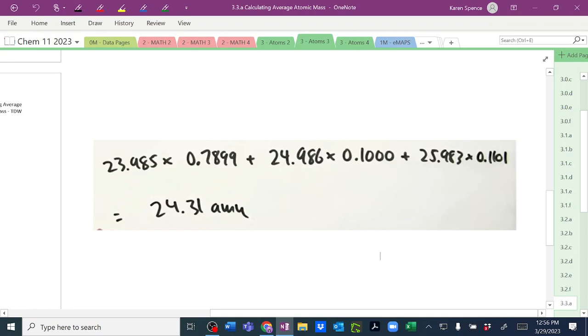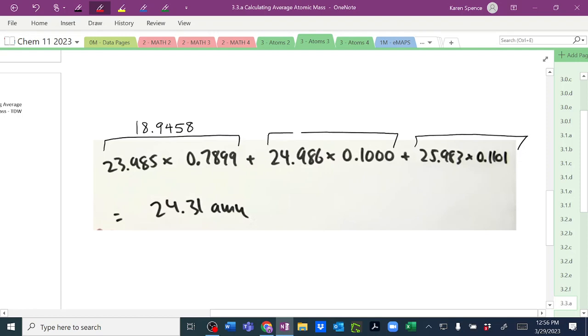And if we do our order of operations, first of all, we're going to do all our multiplications. When we multiply these first ones, we get 18.9458. There might be some decimals after that; I've just left a few extra places on there.